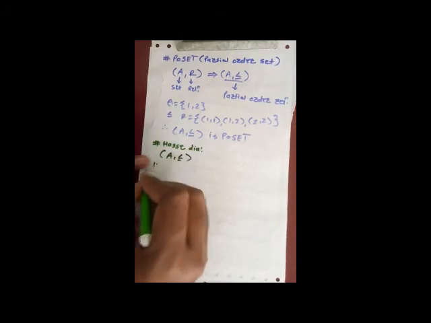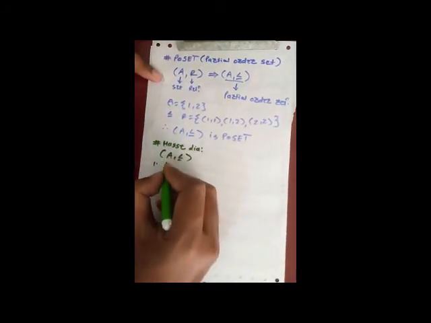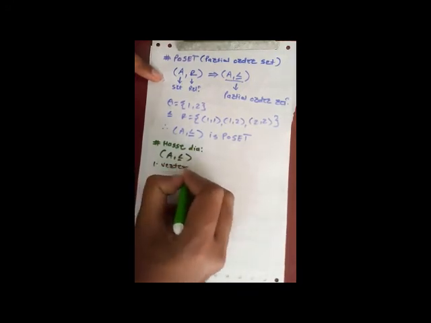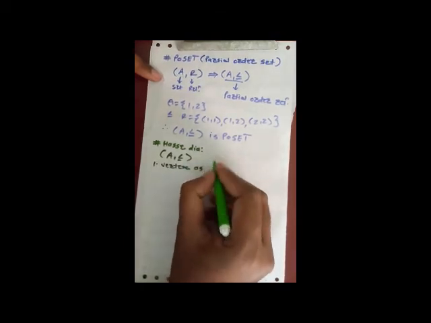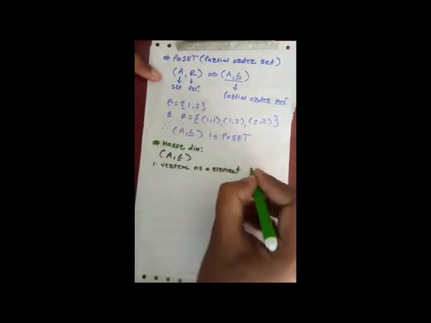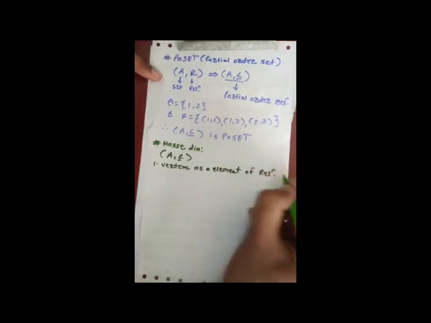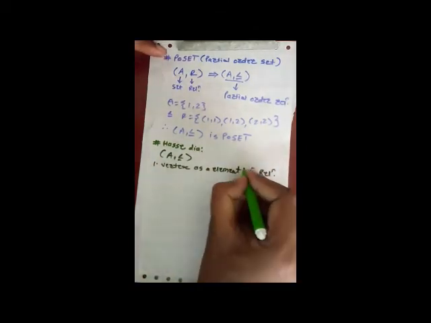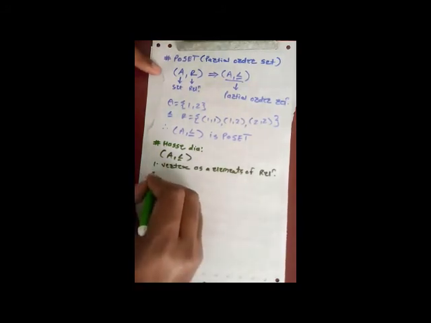First, to draw the Hasse diagram, we consider the vertices as the elements of the relation.